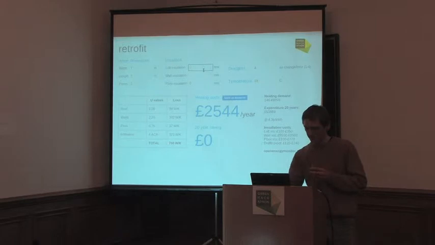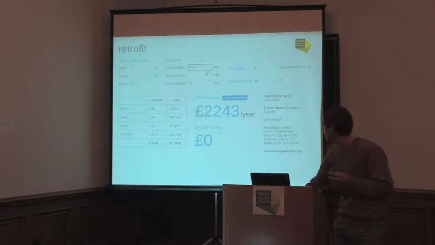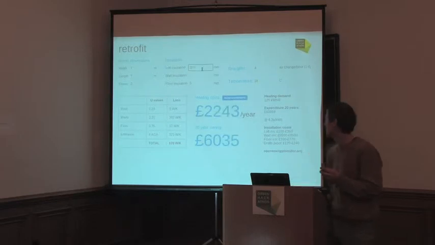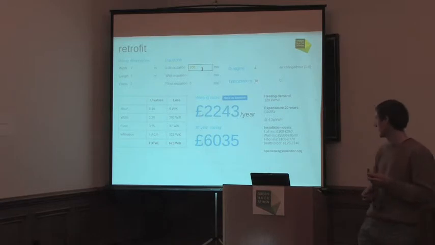We can do the same with loft insulation. So 200 mil of loft insulation costs about between £100 and £350 to put in, and over 20 years could save you 6,000.